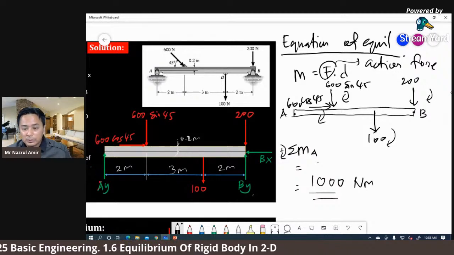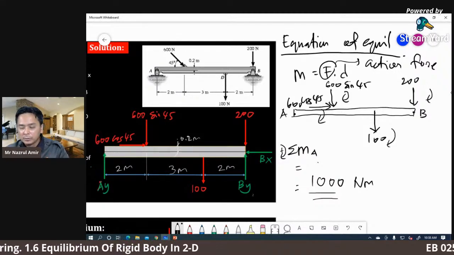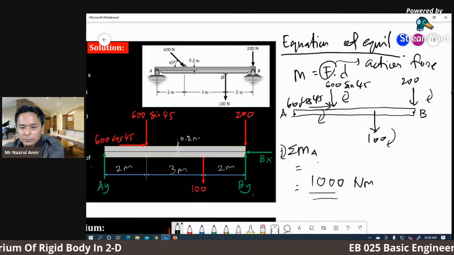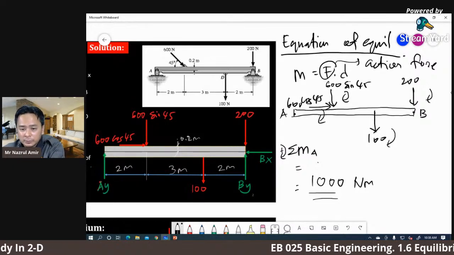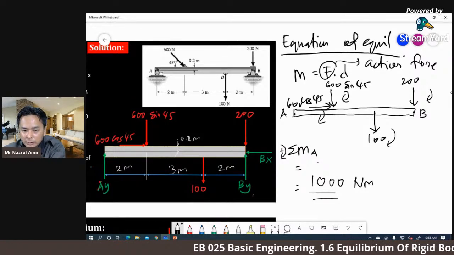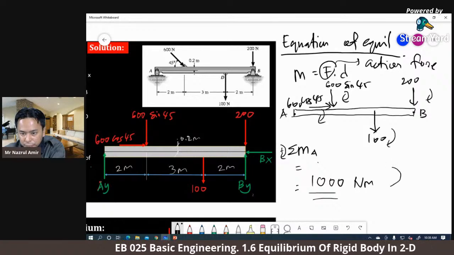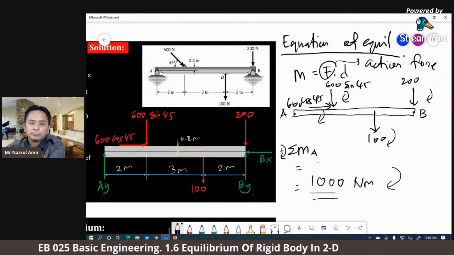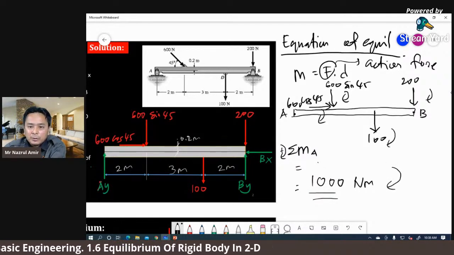This is an example, not the answer, but let's say the summation of moment at A equals 1000 Newton meter, and it will rotate clockwise.